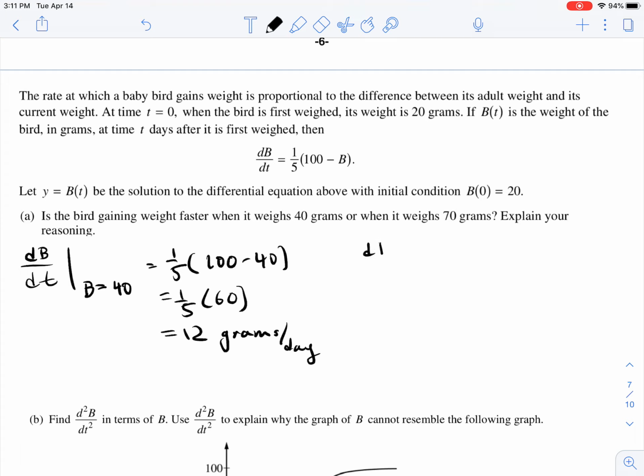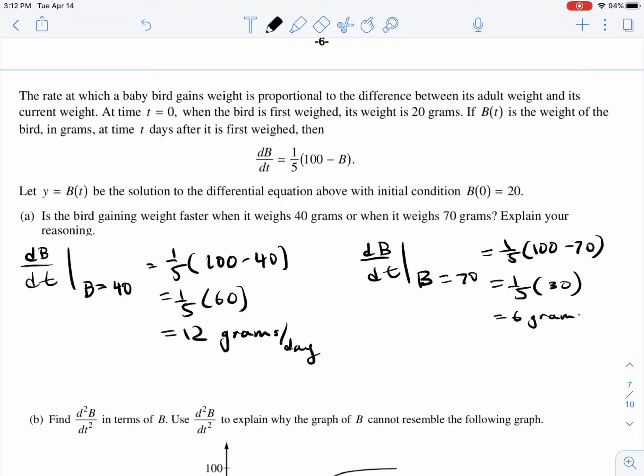Now let's look at dB/dt at B equal to, what was the other weight? 70. So then we're going to say 1/5 of 100 minus 70, 1/5 of 30, and we can just see that that is going to be 6 grams per day.